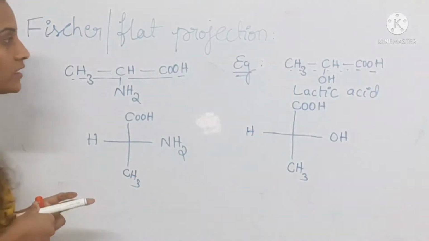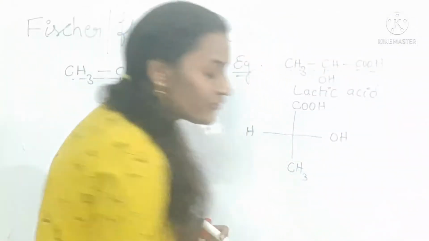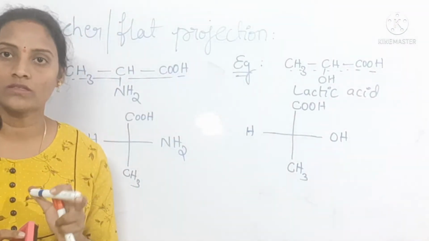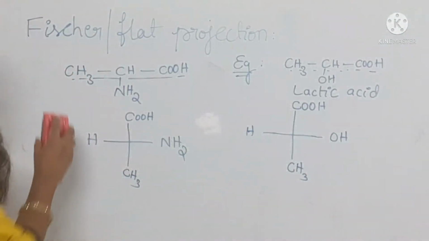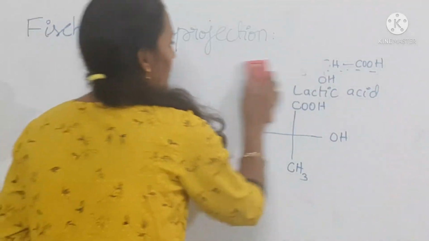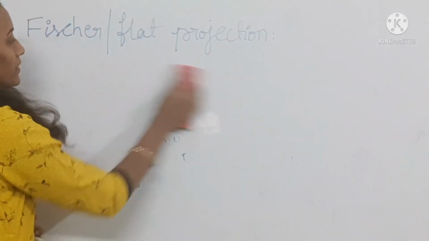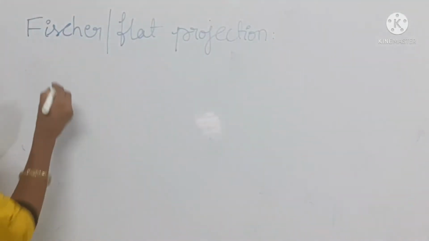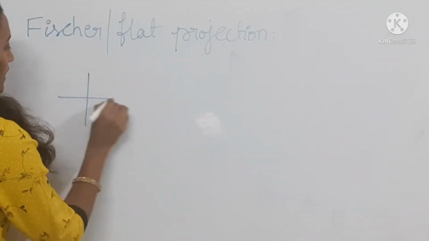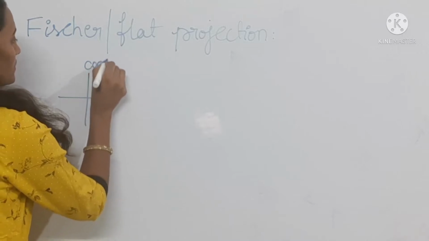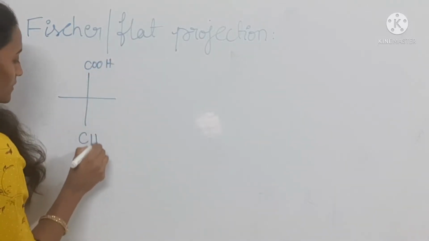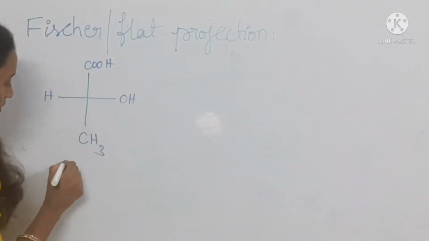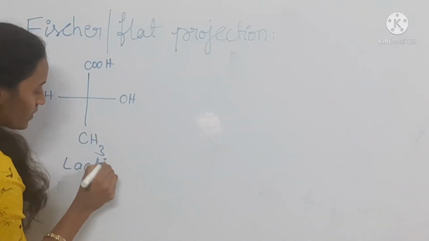Okay, then coming to how you can identify enantiomers or diastereomers by using this Fisher projection. You can take the same examples for a better understanding. See, this is lactic acid, COOH, CH3, H, OH.